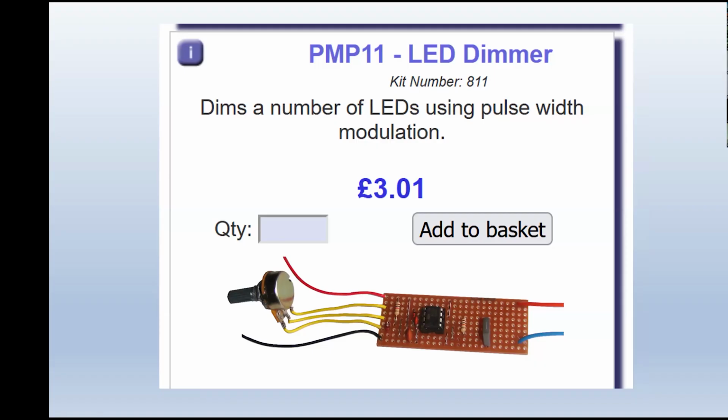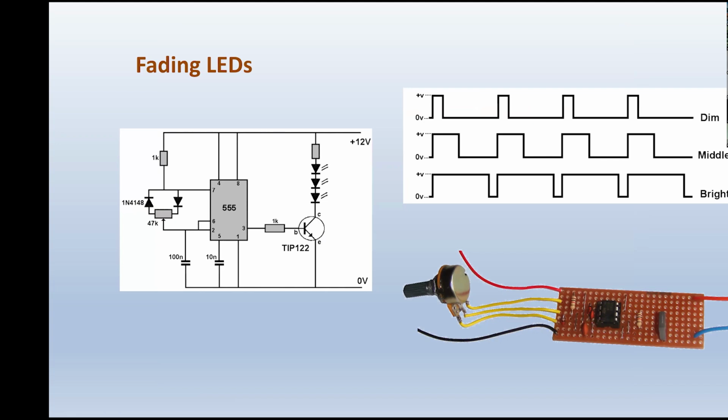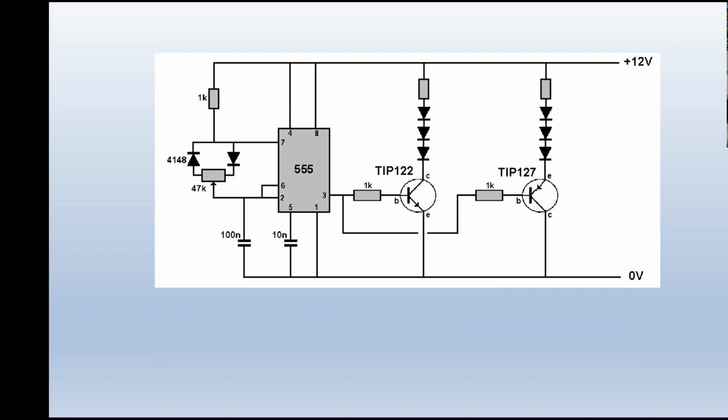Then, of course, there's the LED dimmer. If you want to use a pot to dim a whole chain of LEDs, you can do so for £3. If you want to add to it, the schematic on the left is the standard kit to dim one strip of LEDs. But if you add another transistor, we can do a separate strip, such that when you dim one down, you're raising the other one up.